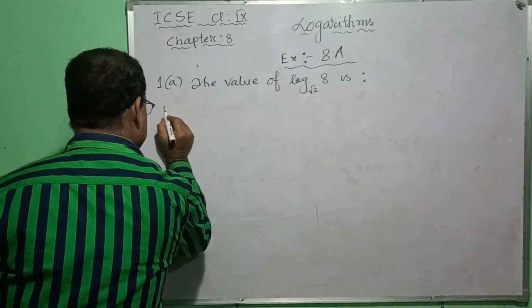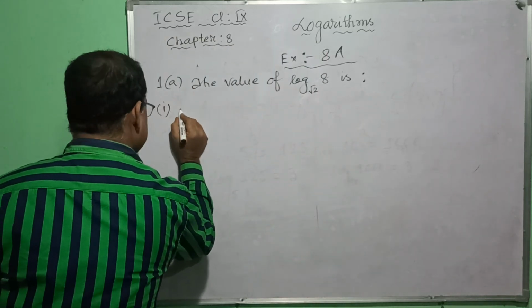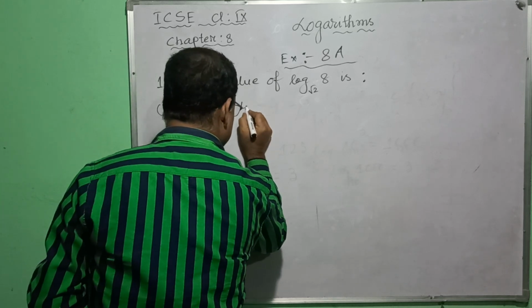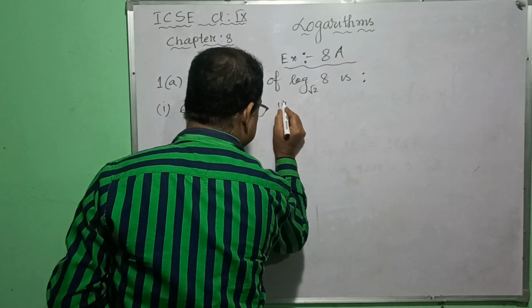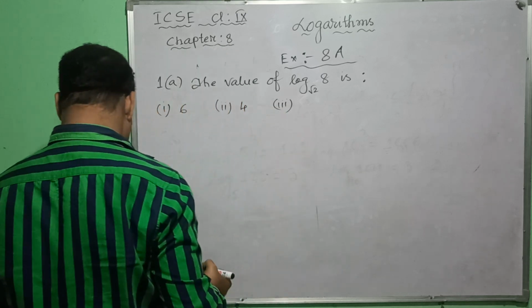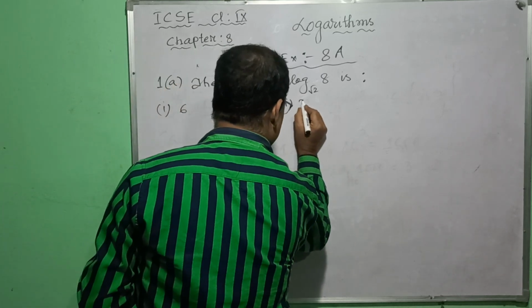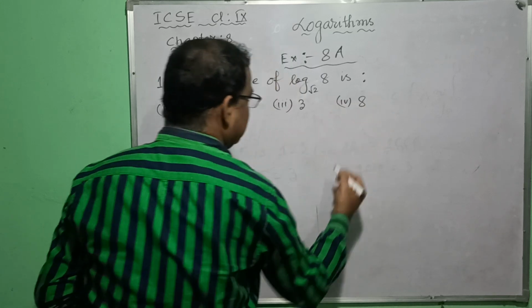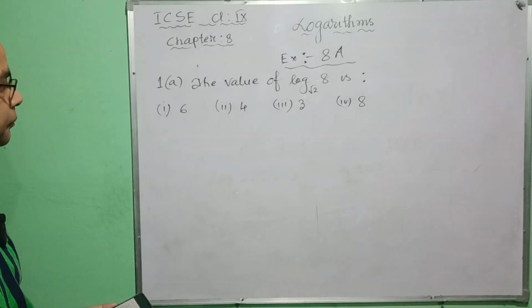Here the options are given. Number 1, 6, number 2, 4, number 3, 3, and number 4, 8. So these are the 4 options given.